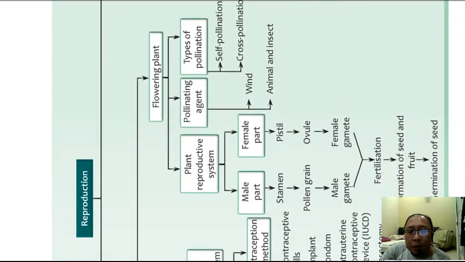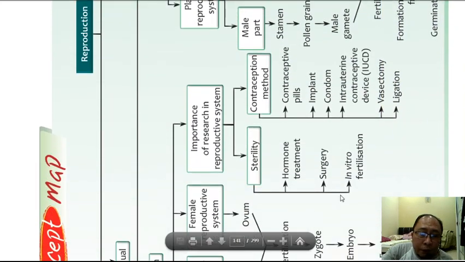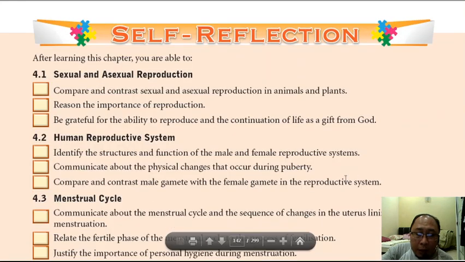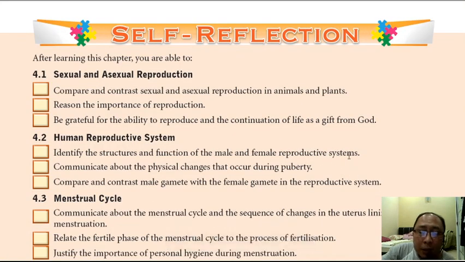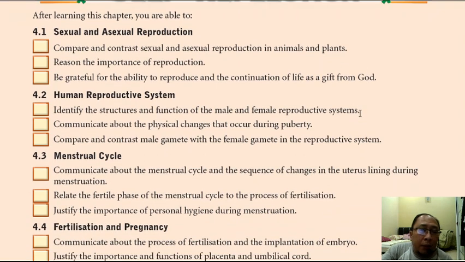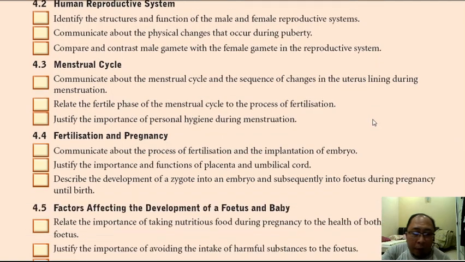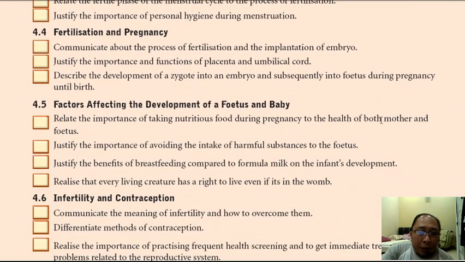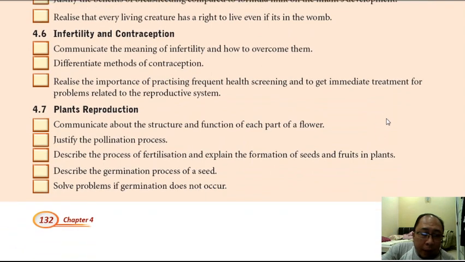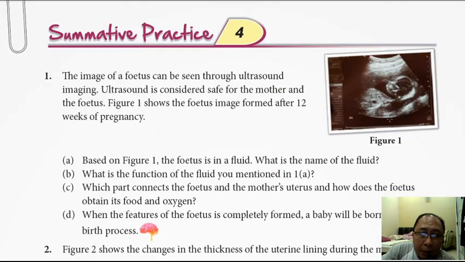After that please read the concept map here in your textbook and also the self-reflection. This is the last subtopic in chapter 4, we have finished already. This means that you have to make a revision for chapter 4 from 4.1 until 4.7. Please read this summary, and after that we have the summative practice.